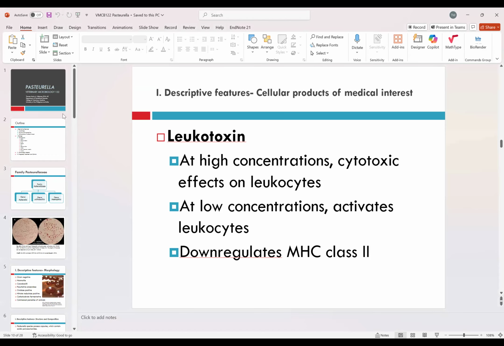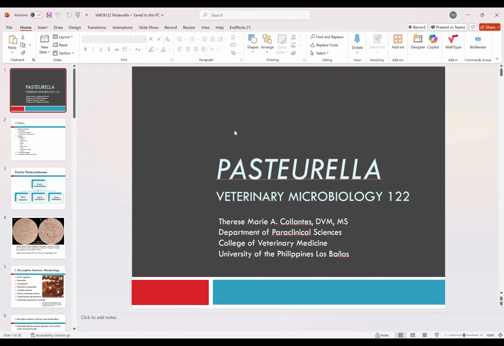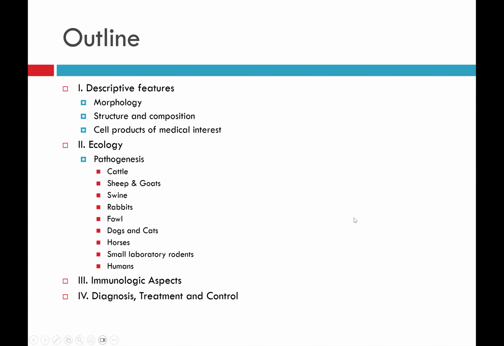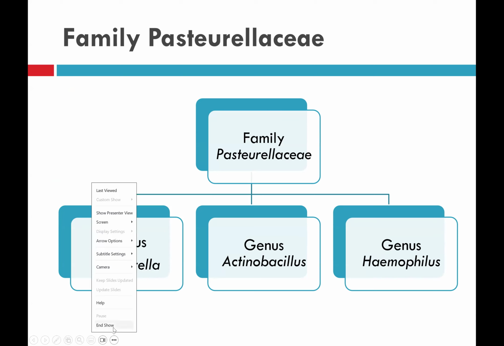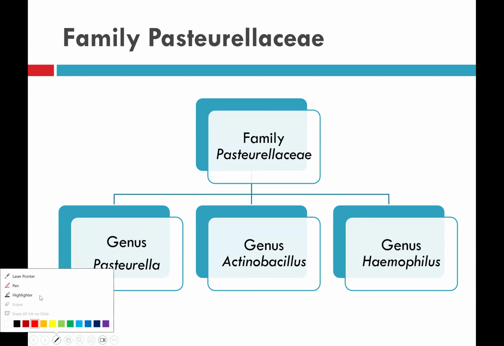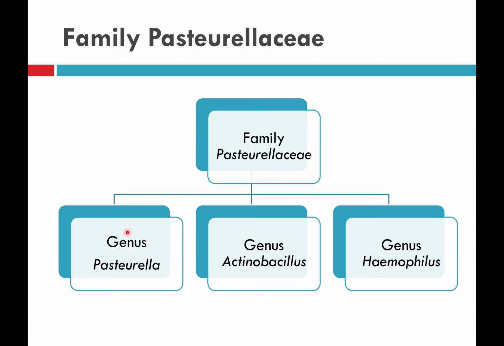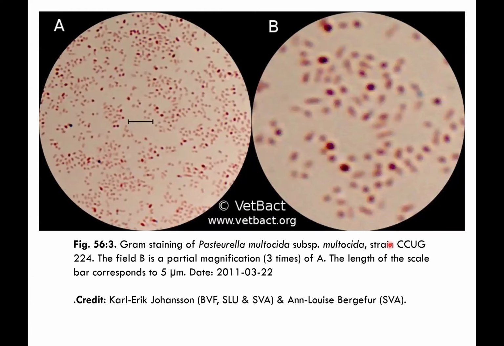Since we just discussed Haemophilus, we will move on to another family member in family Pasteurellaceae, which is your genus Pasteurella. So if you look at the family tree again, we have the family Pasteurellaceae, and a member of this is your genus Pasteurella. So we're here. So we just finished Haemophilus, right?